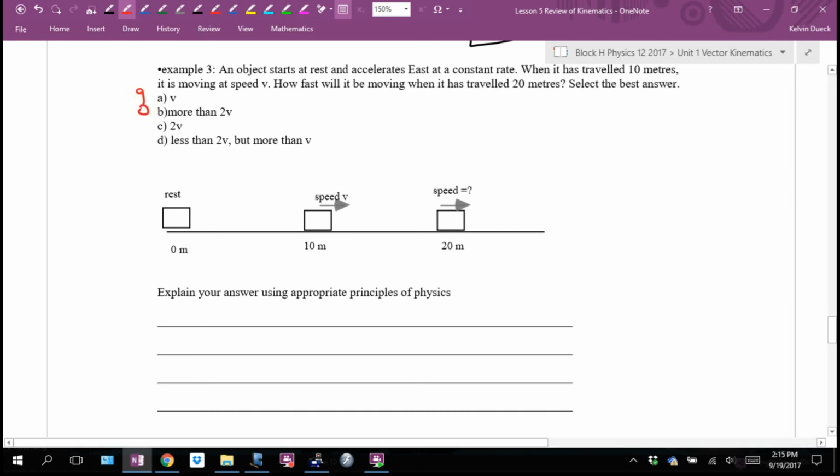Who says exactly twice as fast? Yes or no? No? Okay. 1, 2, 3, 4, 5, 6, 7. Who says D, faster but not twice as fast? Less than that. 1, 2, 3, 4, 5.